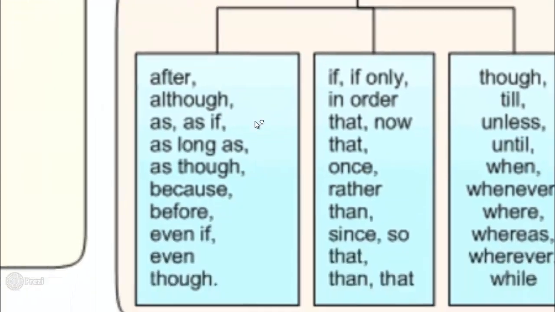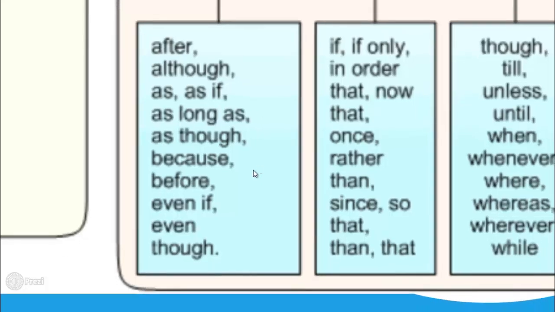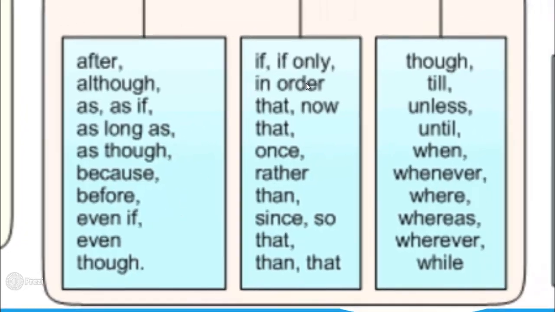Subordinating conjunctions are after, although, as if, as long as, though, because, before, even if, even though, if only, and all of these play an important role in specific exams, such as the TOEIC test, for example, just to mention some.